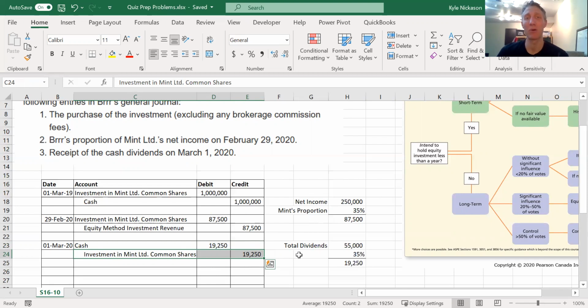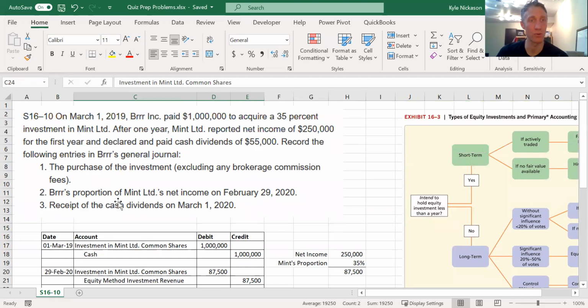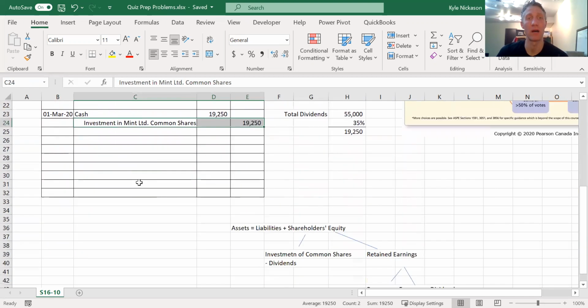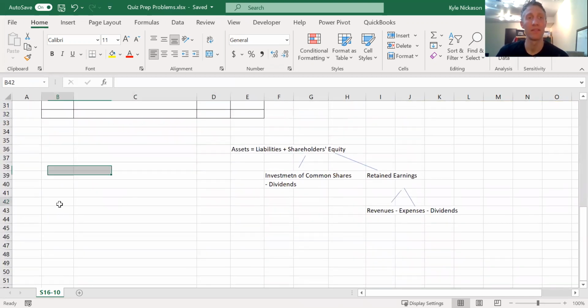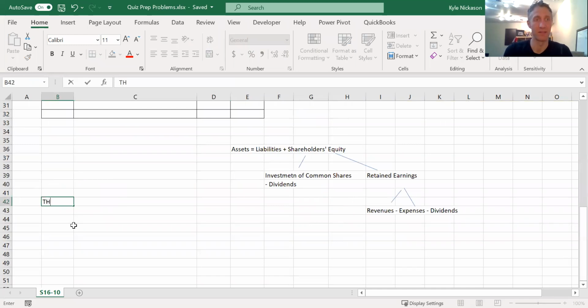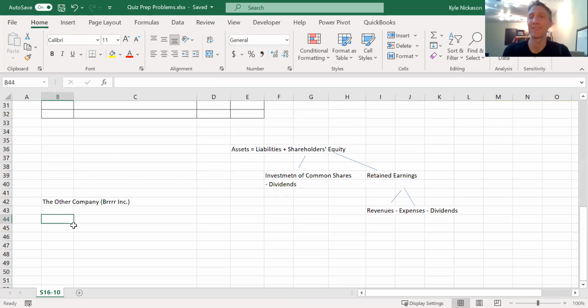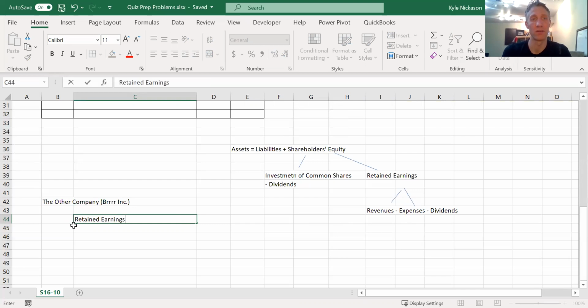But let's think about the payment of dividends from the other company's perspective, and this other company is Mint. When they declare a dividend, they are going to lower retained earnings and credit this dividend payable account.